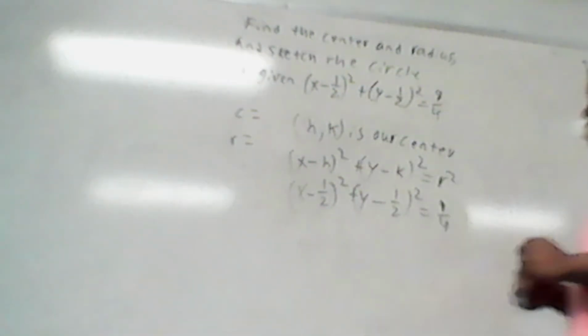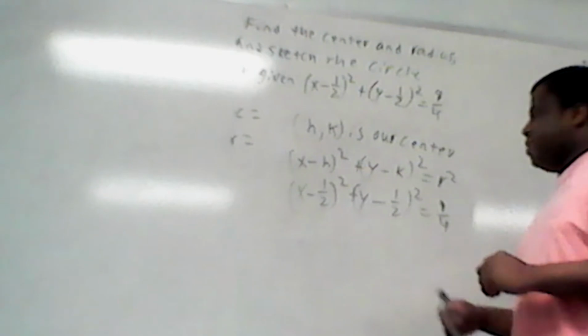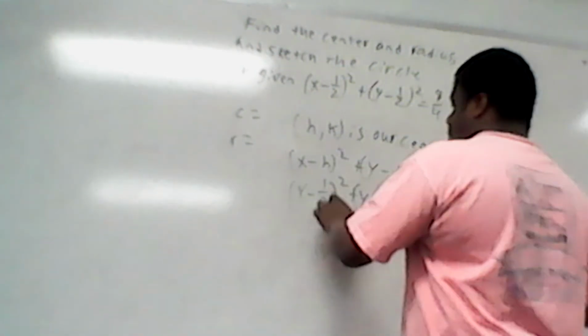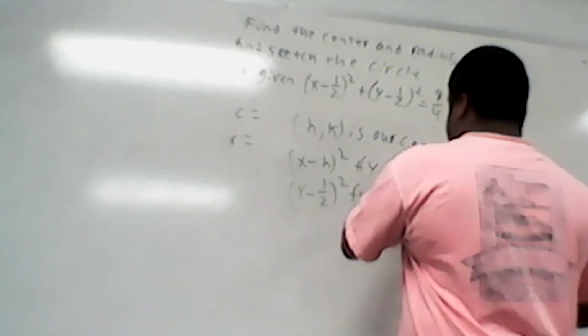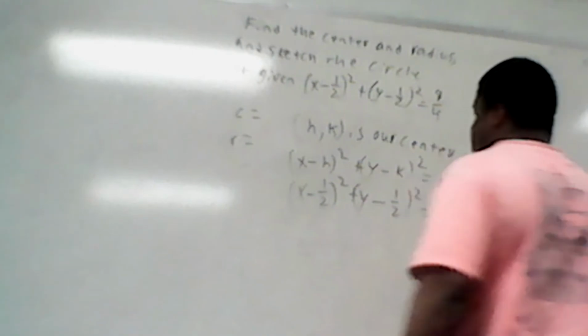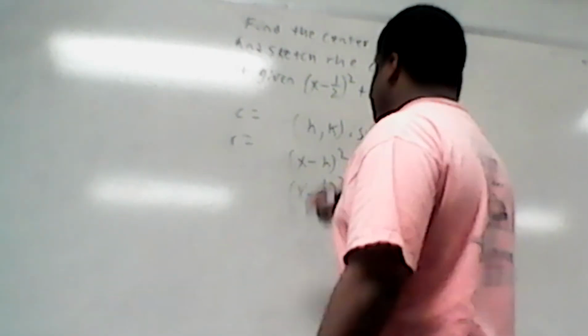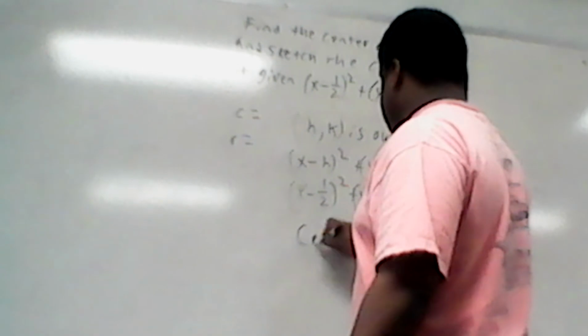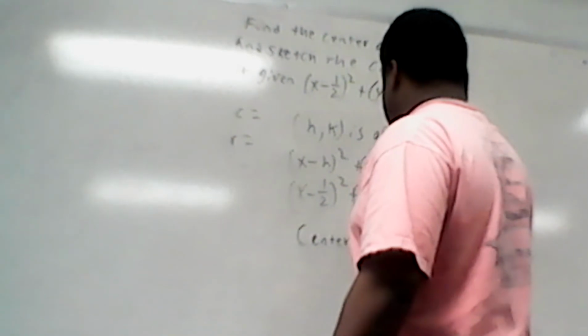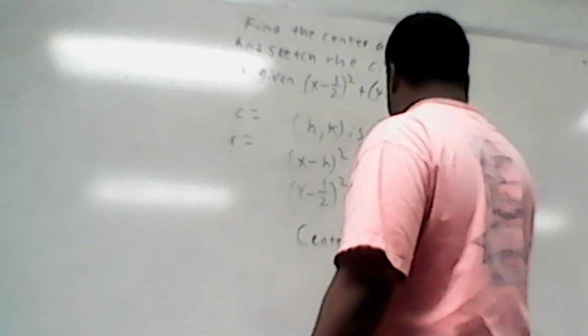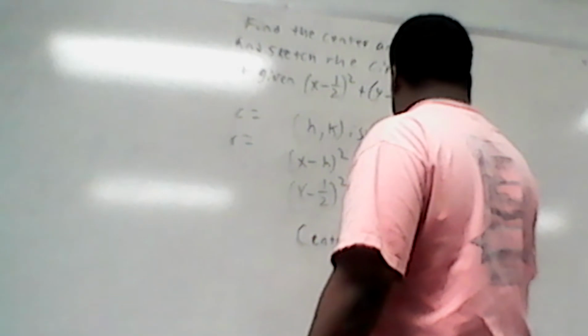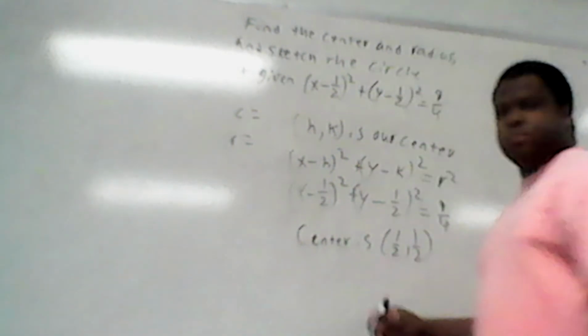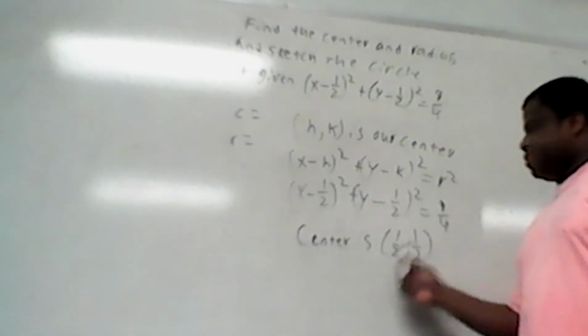If I would like to pull everything out, I know my h is 1/2 and my k is 1/2 as well. So when I plug them in, I know my center is (1/2, 1/2). Alright, so this is my center.